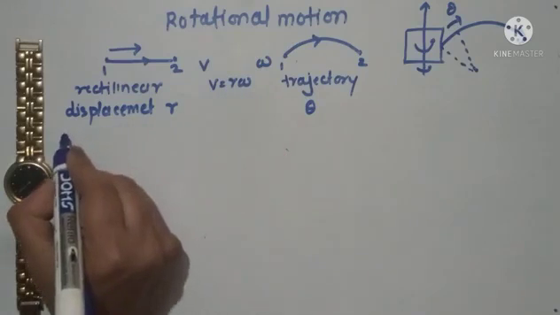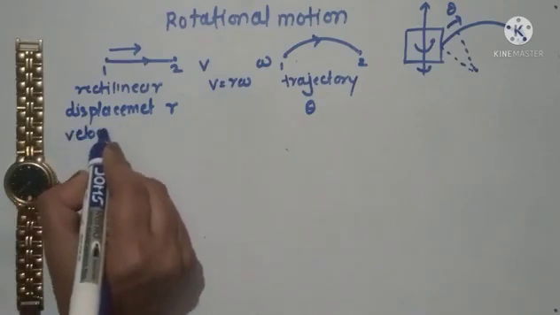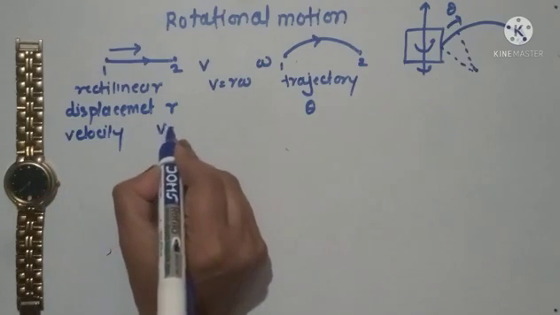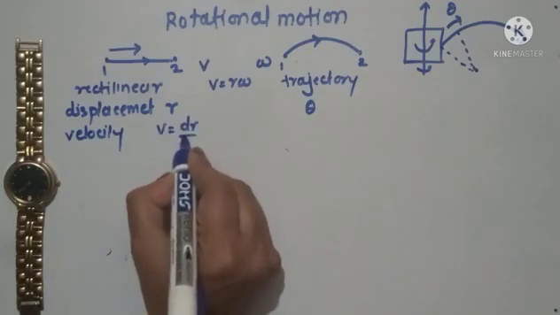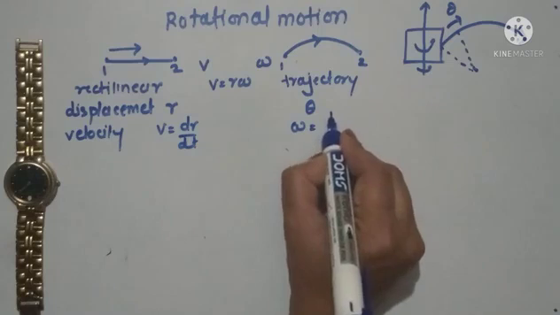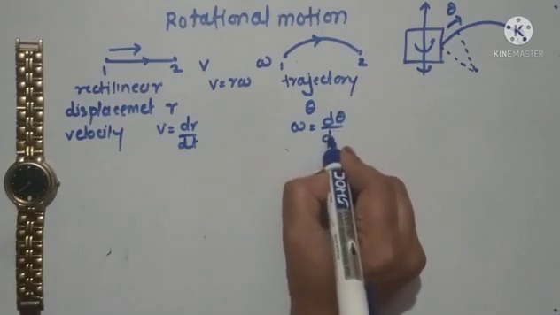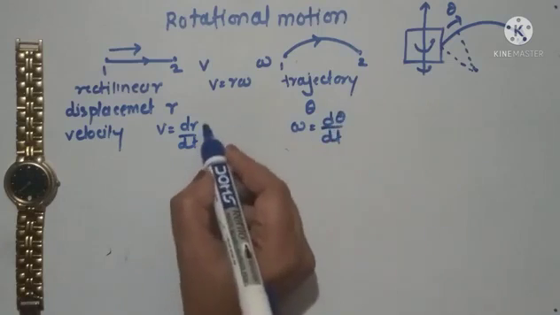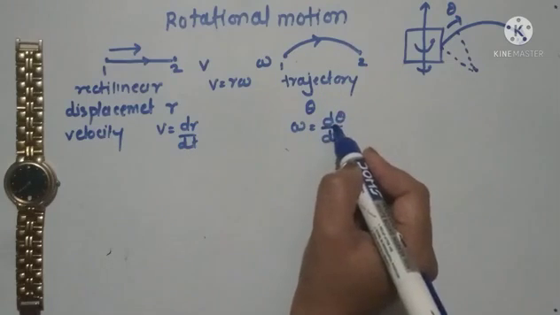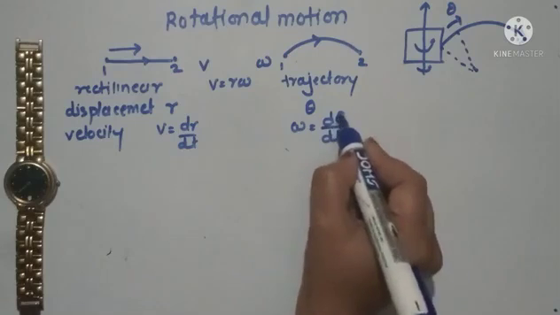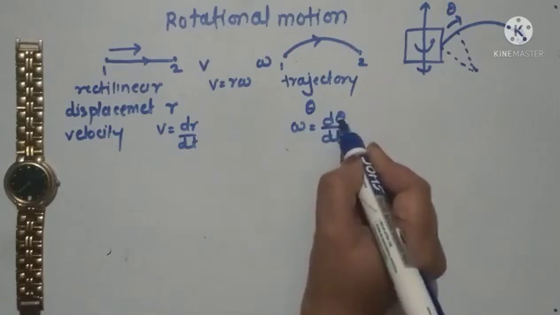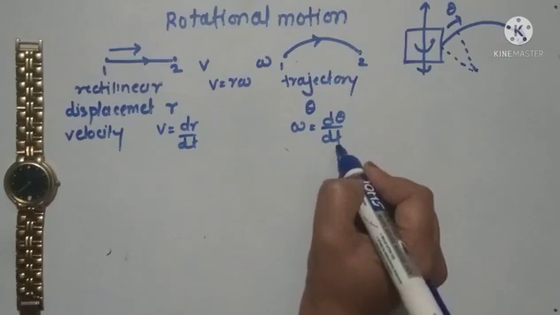The velocity in a rectilinear motion is given by v is equal to dr upon dt, whereas the angular velocity is given by d theta upon dt. Obviously, velocity is the rate of change of displacement with respect to time. In case of trajectory or rotational motion, the displacement is theta. Therefore, angular velocity is the rate of change of displacement with respect to time.